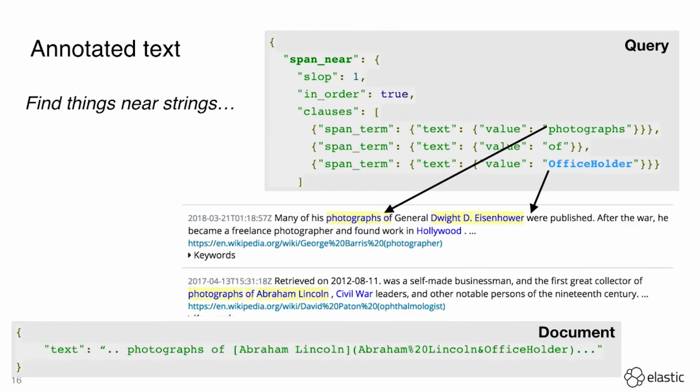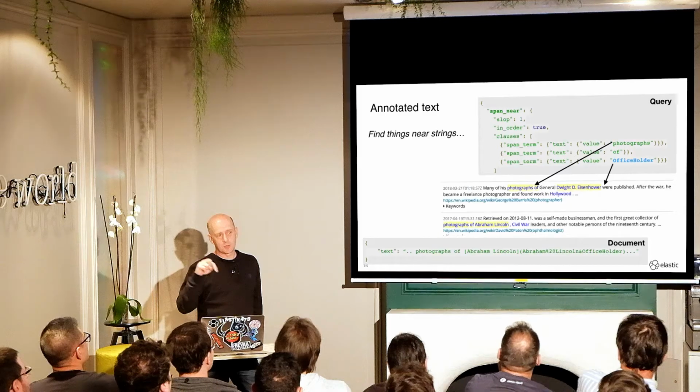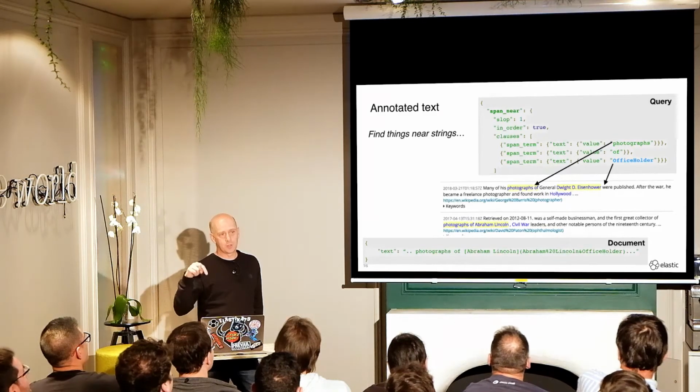It's incredible. So I can do a search for the word photographs, near the word of, and then near the word type office holder. And the documents that I've matched here are photographs of General Eisenhower and photographs of Abraham Lincoln, because those entities were marked up and annotated with their types.